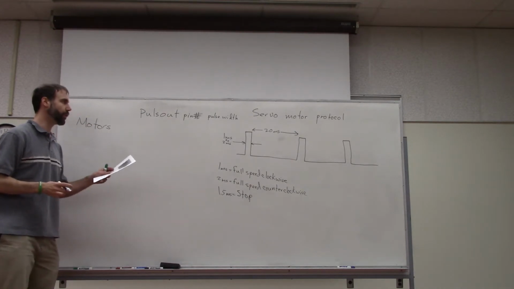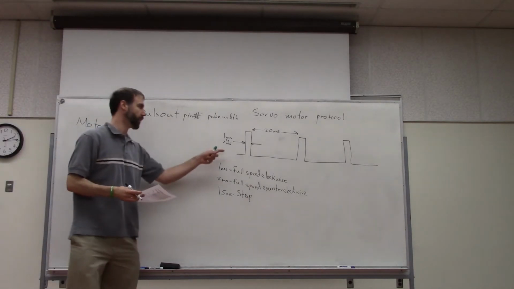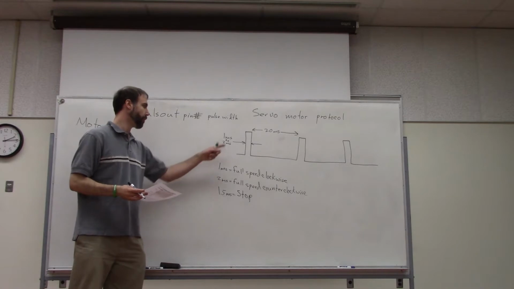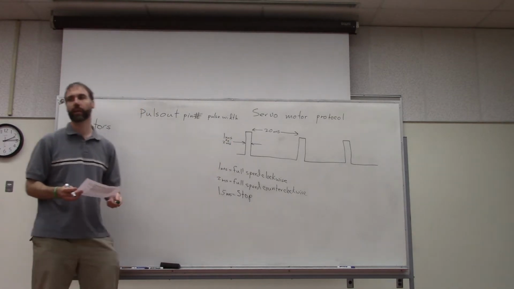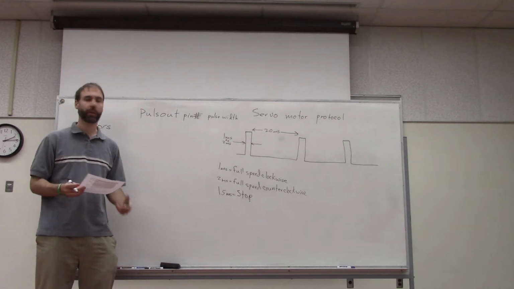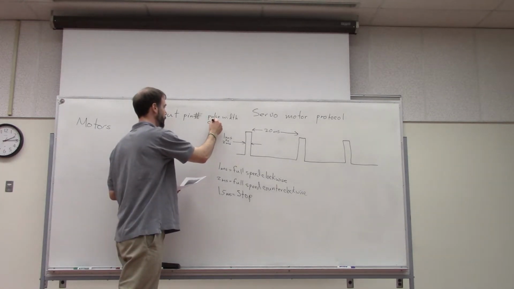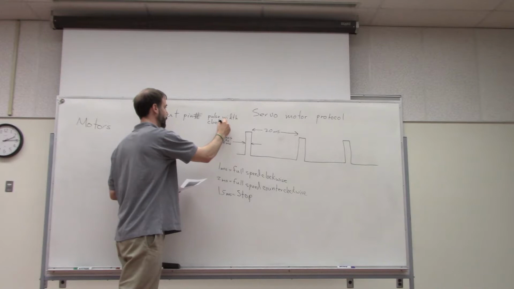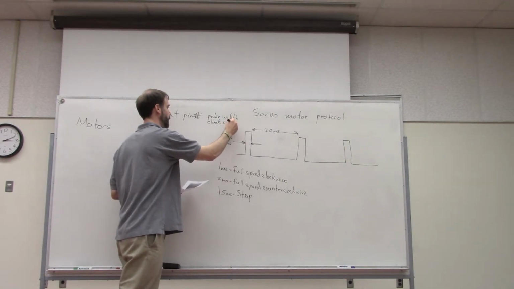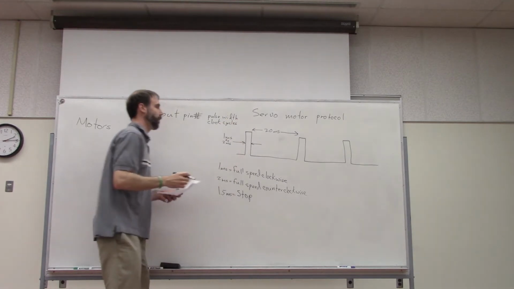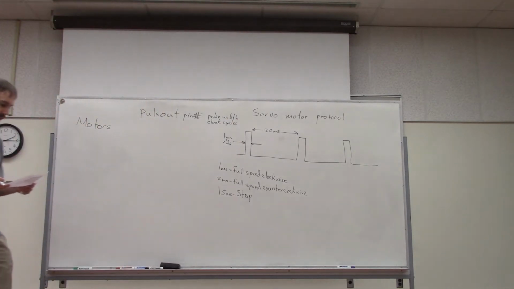And the thing about the pulse width, it seems like we're talking about milliseconds, it should be in milliseconds, right? But they don't make it that easy on you. It's actually given in clock cycles. So we have to do a little bit of conversion, and we'll talk about that, okay?